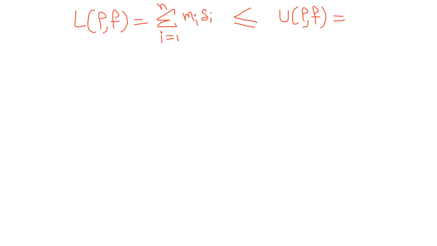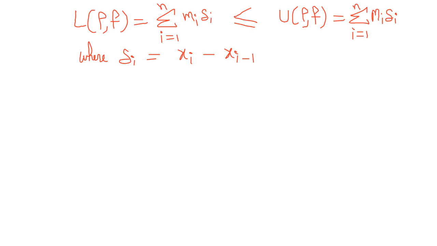The lower sum L(P, f) is the summation for i equal to 1 to n of mi delta i, and that is always less than the upper sum U(P, f), which is the summation for i equal to 1 to n of capital Mi delta i, where delta i is xi minus xi minus 1.